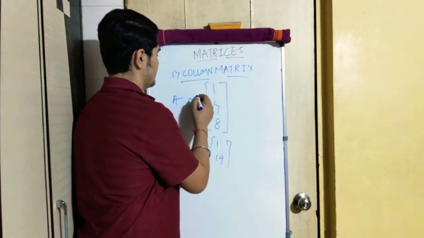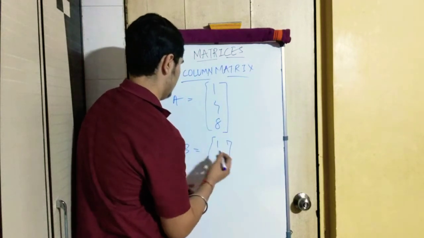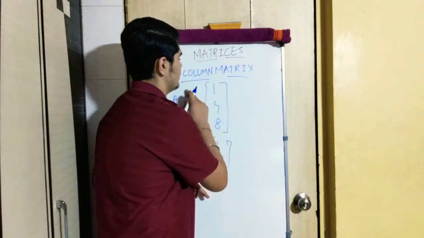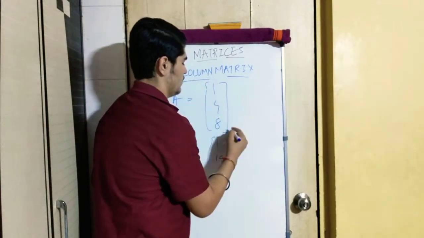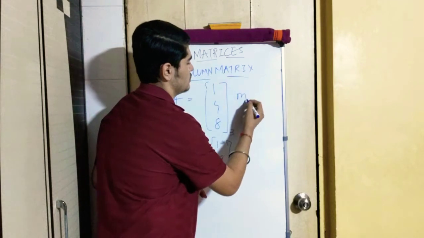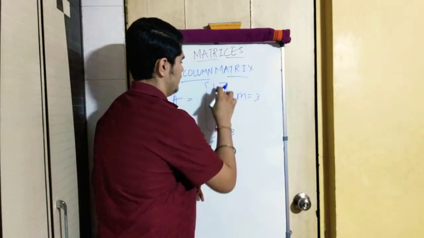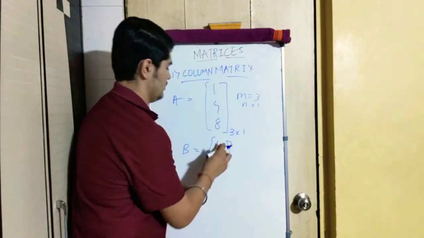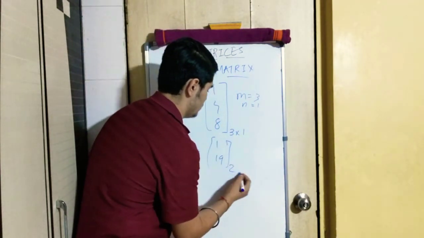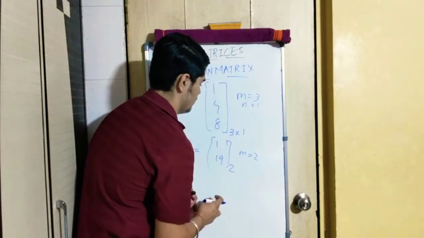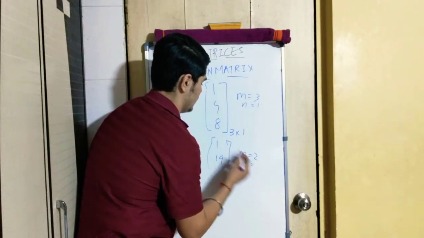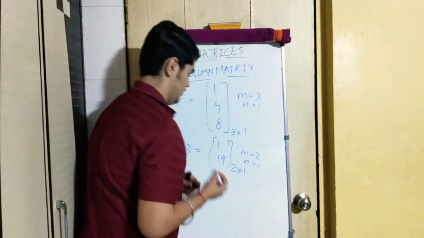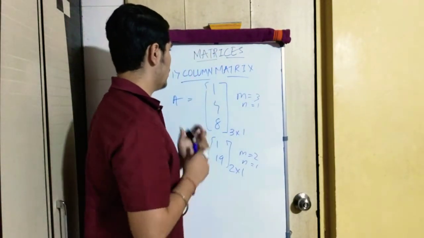If we name it as A and this as B, let's write the order of matrix A. Here we get 1, 2, 3 rows, so m is 3 and n is equal to 1. So 3 into 1. In B, m is 2 and n is equal to 1, so 2 into 1. I hope you have understood this.